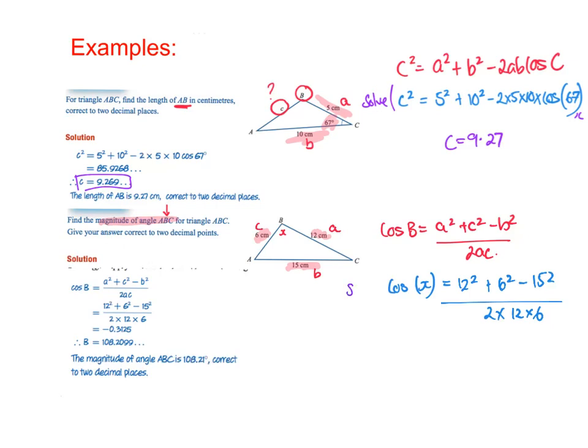Once again, you can do solve, comma X, and we'll end up with X equals 108.21 because they said 2 decimal places. So we might write angle ABC equals 108.21 degrees. That's what we should write as our answer.